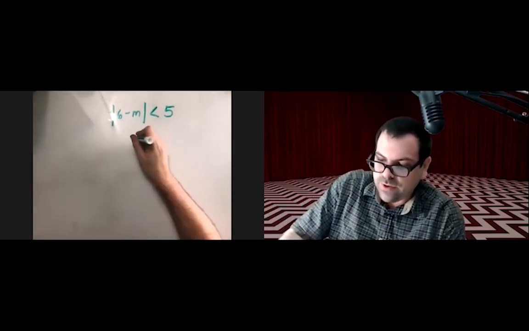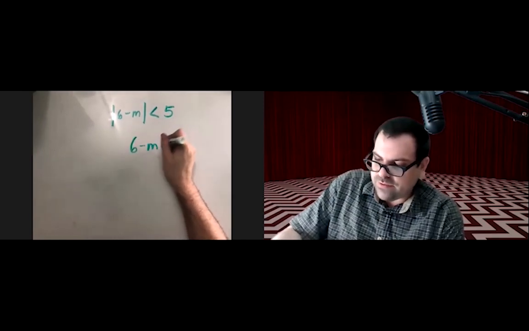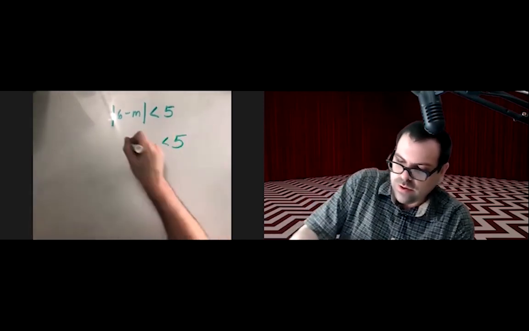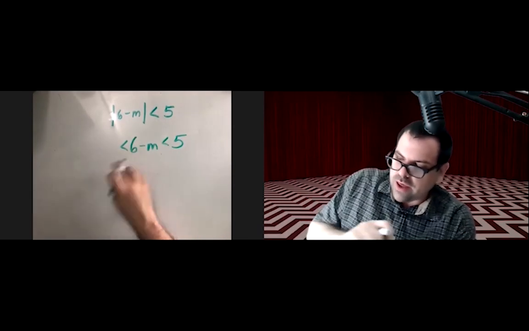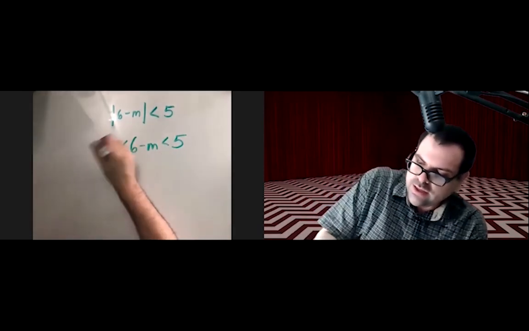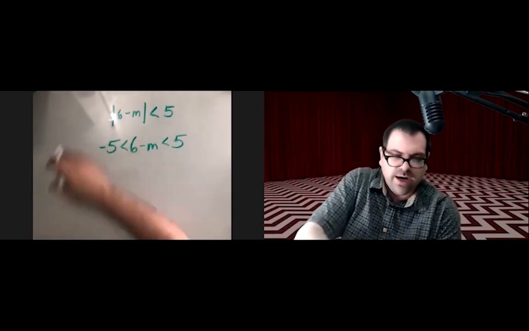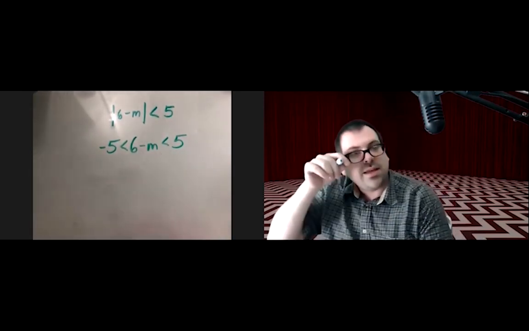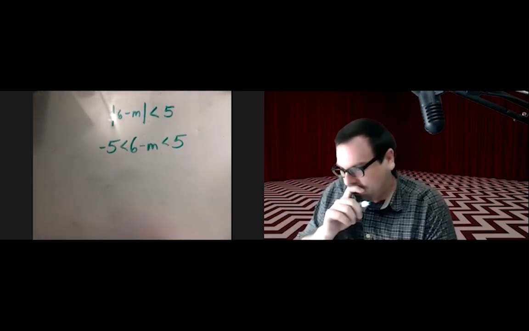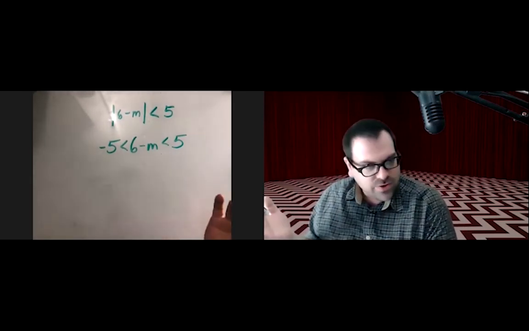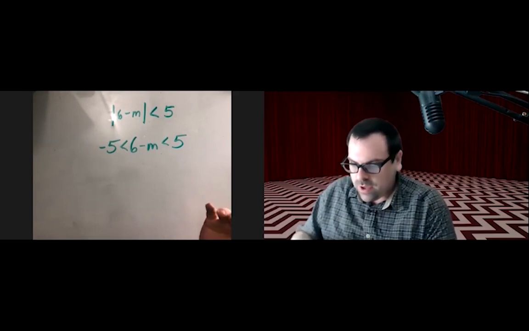So what do we do? We drop the absolute value. We put another less than in front, and we put the negative version of our positive number from the right on the left, and then we keep going. So far, so good.